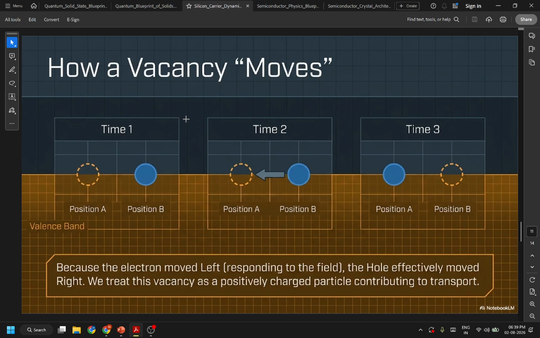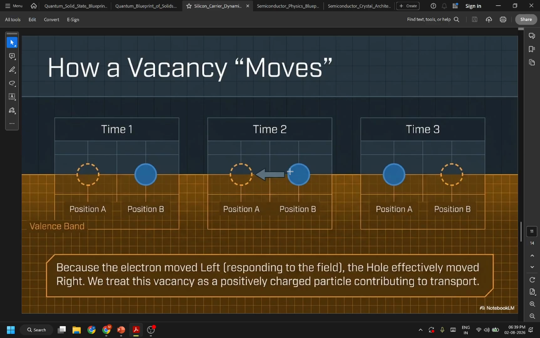And how does a vacancy or a hole move? At time one, you have this. This is the vacancy, and we are talking about the valence band here. At position B there's an electron, and position A is the hole vacancy.